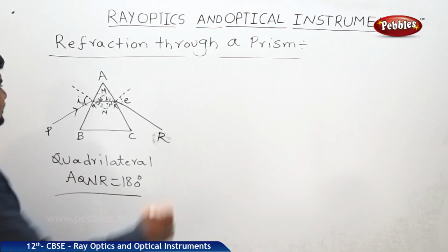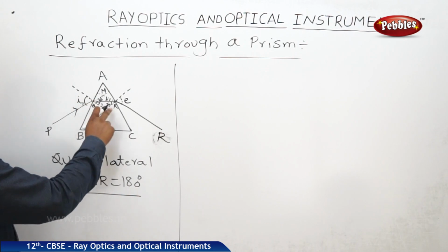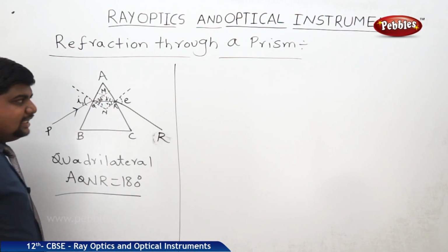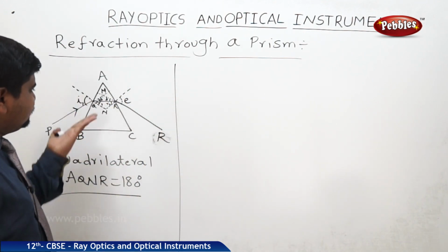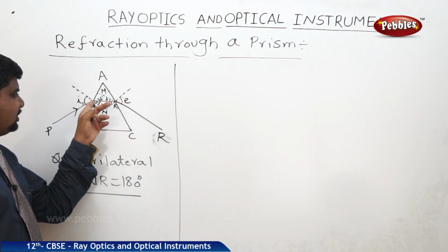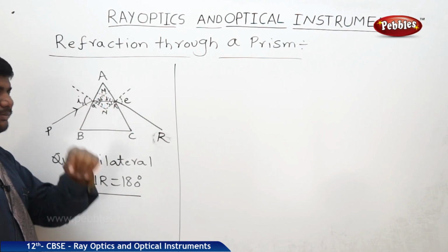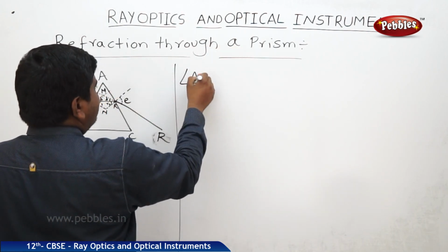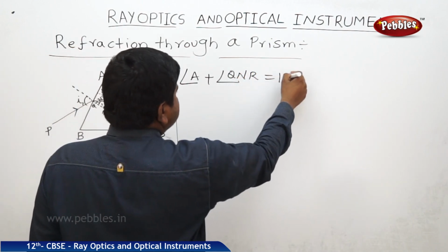In this case, there is a prism angle, angle A, and triangle QNR, which gives 180 degrees, because these are all the deviated lines. The deviated angles also we should represent, because this AQR seems to be a triangle, but this QR will become QNR, where N is the deviated angle. So angle A plus angle QNR is equal to 180 degrees.